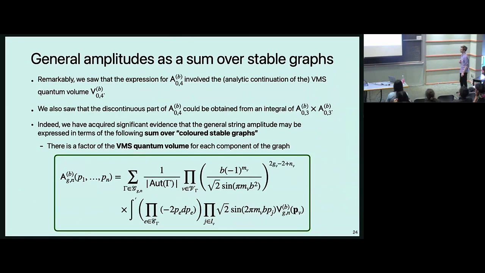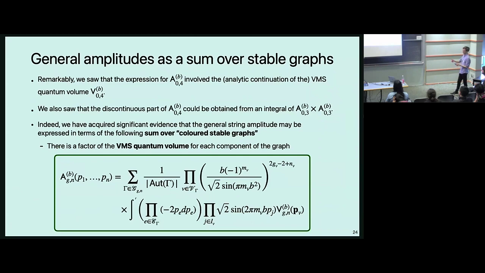So let's unpack this formula a little bit. For the general genus G n-point amplitude, we sum over all stable graphs corresponding to degenerations of the Riemann surface. Now, like when doing Feynman diagrams in quantum field theory, we have to divide by the automorphism group of the stable graphs.